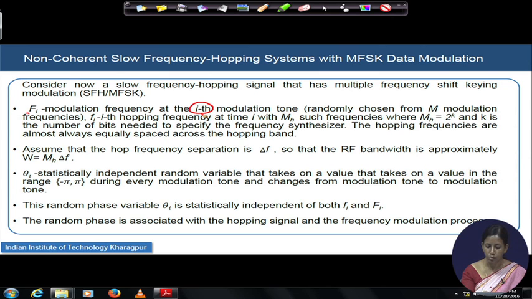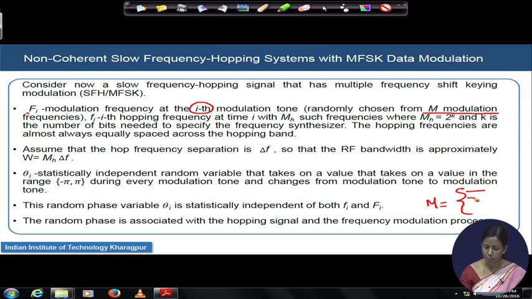Remember, we are choosing the ith modulation tone from a set having capital M modulation frequencies. I have a set of modulation frequencies, as it is frequency shift keying.